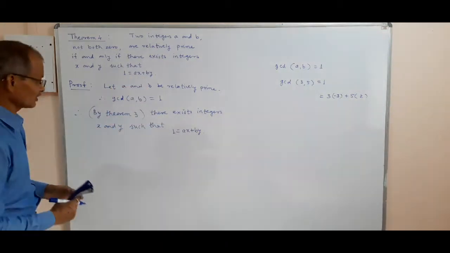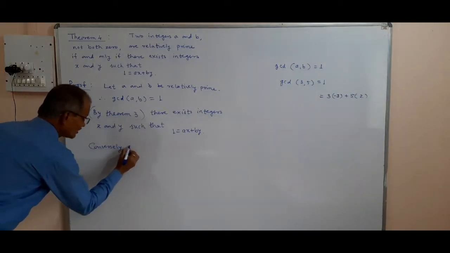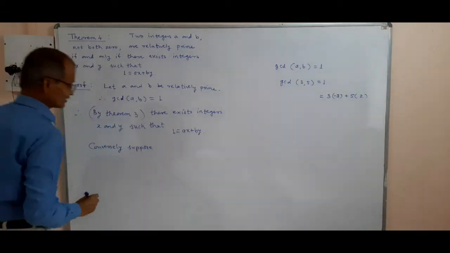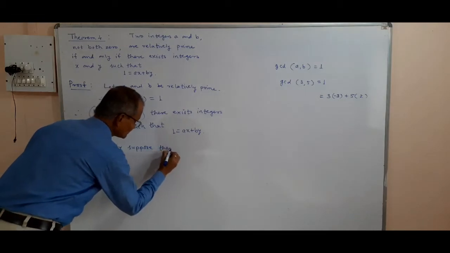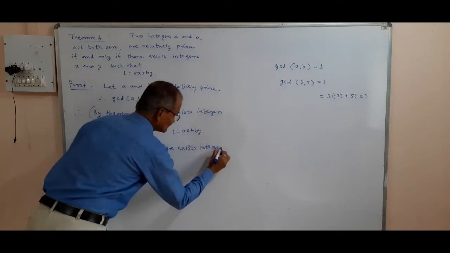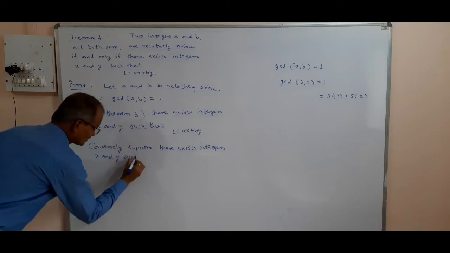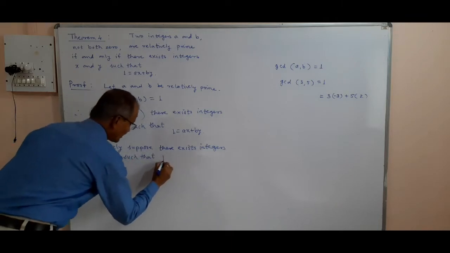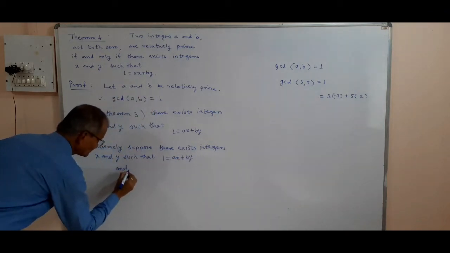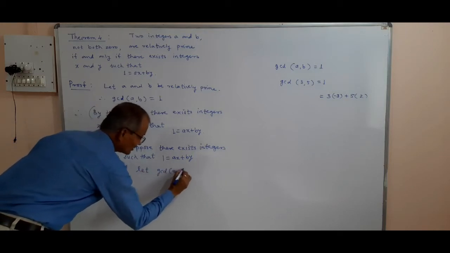Now we shall consider the converse part. That is, conversely, suppose there exist integers x and y such that 1 is equal to ax plus by, and let the GCD of a and b be equal to d.